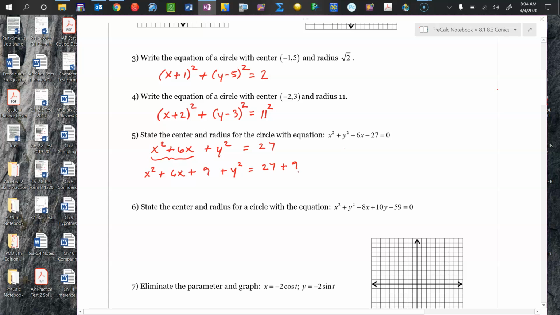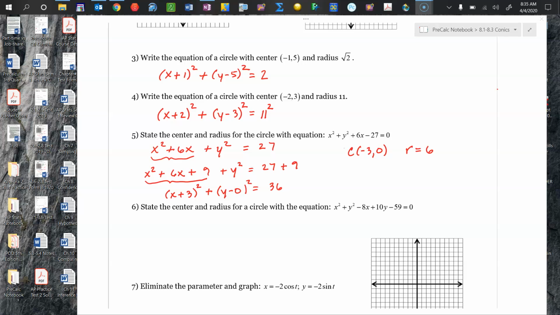And we notice that x squared plus 6x plus 9 is equivalent to x plus 3 quantity squared. y squared can be thought of as y minus 0 quantity squared, and 27 plus 9 is equal to 36. So we can find the center of that circle now. The center has coordinates (-3, 0), and the radius is equal to 6.